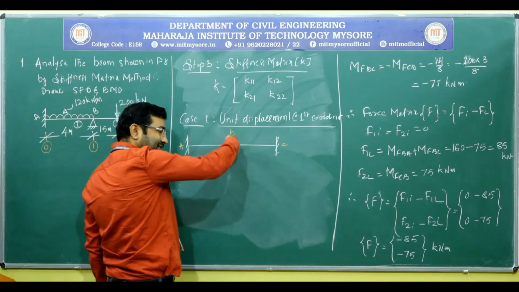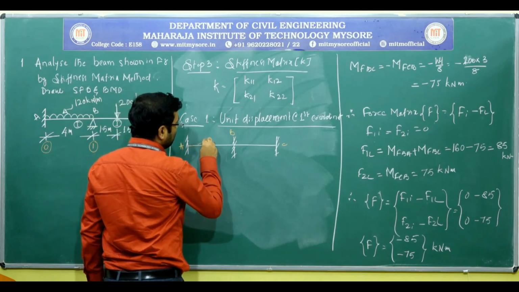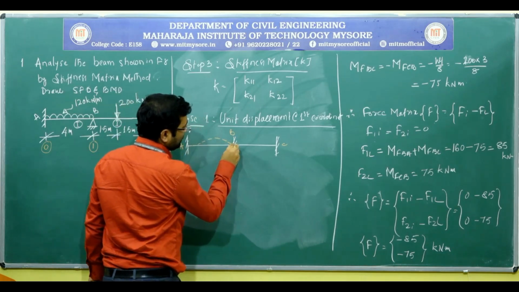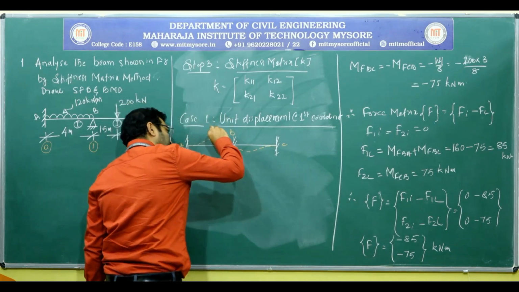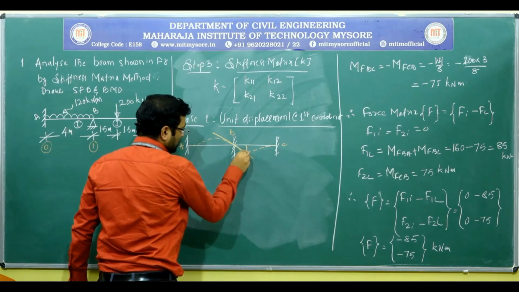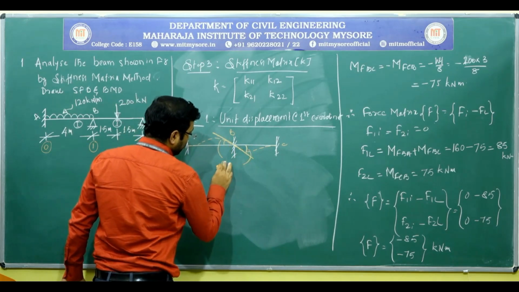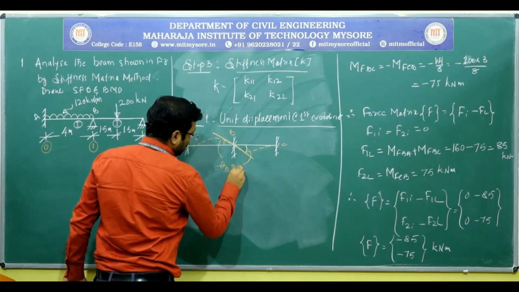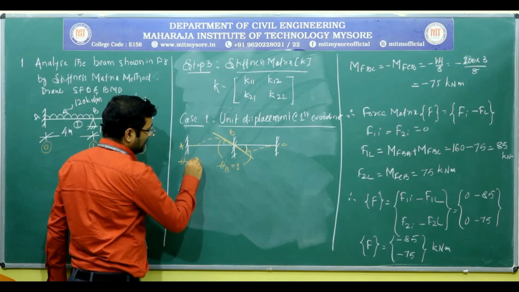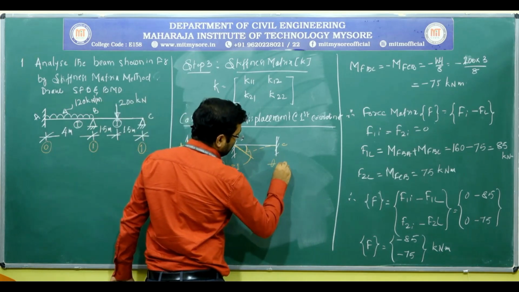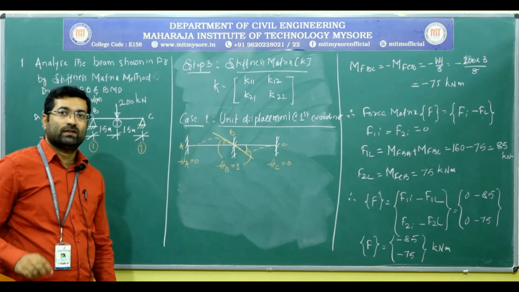So, if I rotate this member by 1 unit, then the beam will undergo a deformation something like this. Okay. So, here this rotation, that is theta B, it is 1 unit, whereas theta A is 0 and similarly theta C is also 0, right.